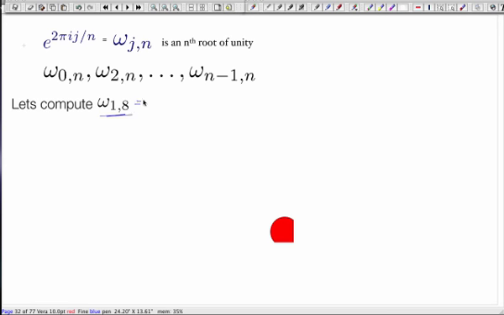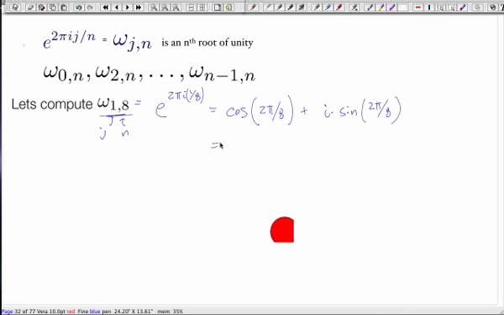So we know that omega 1/8 is basically e to the 2 pi I. This right here is j, and this right here is n. So it's going to be 1 over 8. And if we plug those in there, this is going to be cosine of 2 pi over 8, right, because of the 1 over 8 there, plus I times sine of 2 pi over 8.